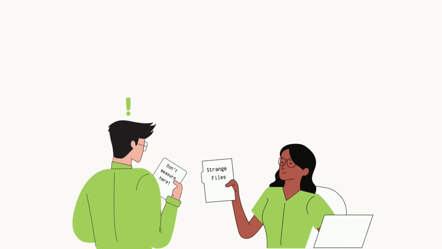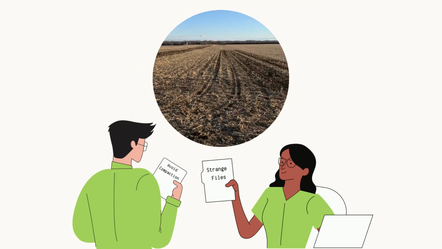So places where you might see things that are non-representative are rows where you've got a lot of machinery driving through the field. This creates a different soil environment because of what's called compaction. And so when you're sampling, you try to avoid those, because that's not very representative of the conditions for the whole field.